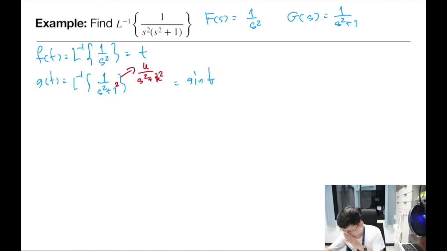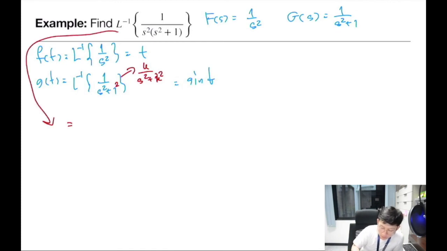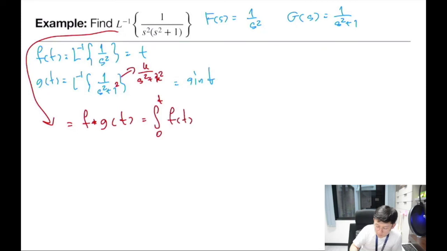So if you want to take the inverse Laplace transform of this, it would be just f star g (t). And that would be, what is it? Integrate 0 to t, f(x) g(t minus x) dx.